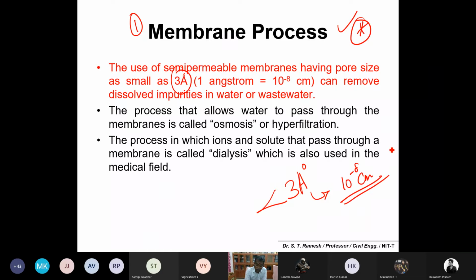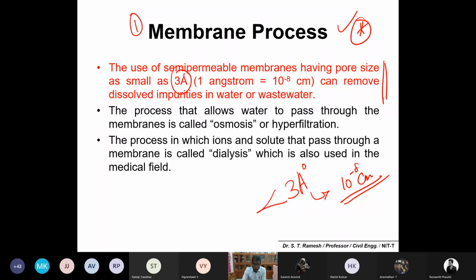It can remove the dissolved impurities in water as well as wastewater. You can use a semi-permeable membrane which will allow the water to pass, but not allow anything to re-enter.